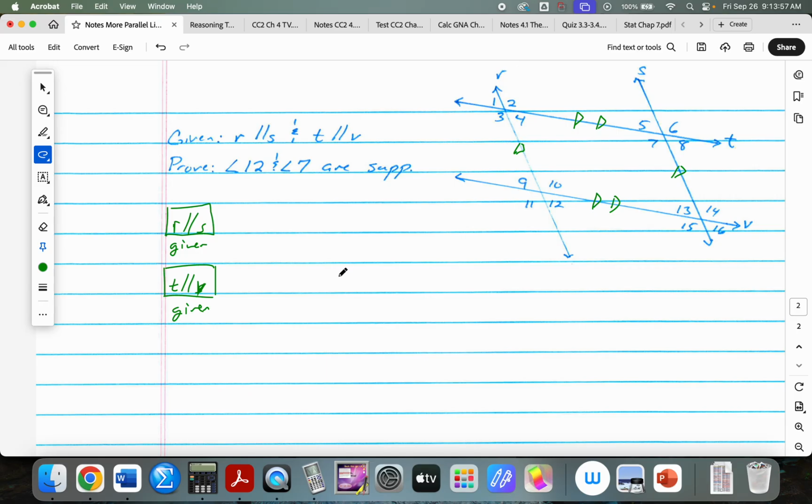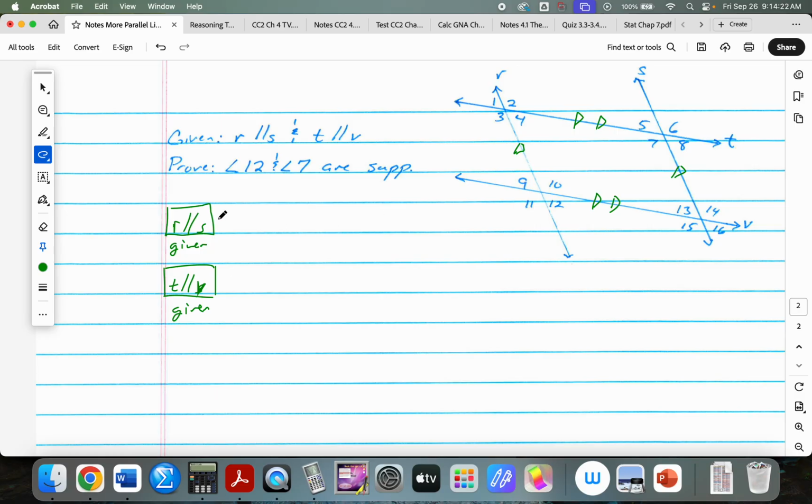So, how do you decide what you want to do? Well, I eventually want to end up with angle 12 and angle 7 are supplementary. So what I do is I go, okay, from one of these two givens, it doesn't matter which, I need to get that either 12 is supplementary to something or 7 is supplementary to something.